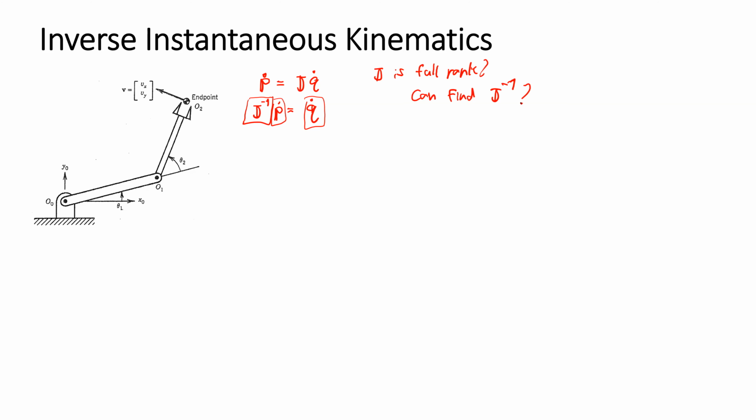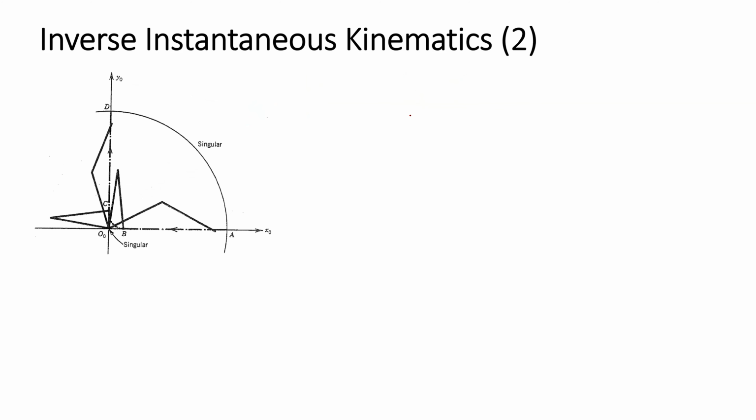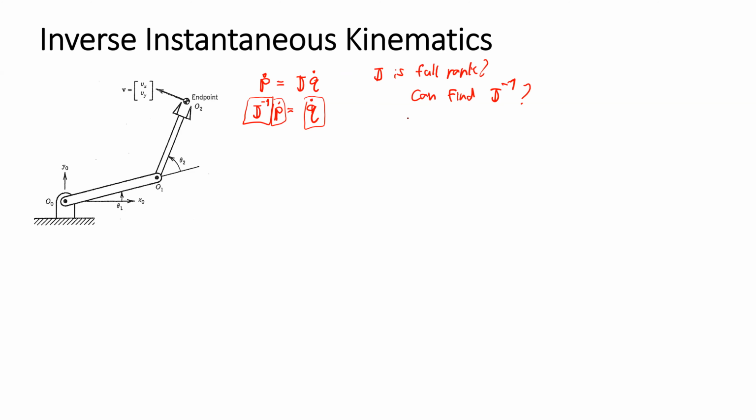If we cannot find the inverse in some configuration, the robot may become singular. At that point, the robot becomes singular.